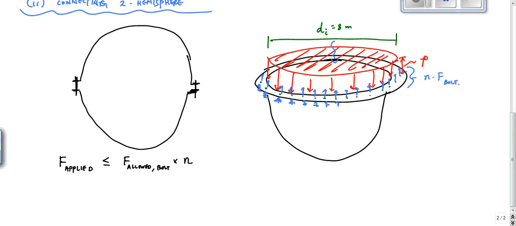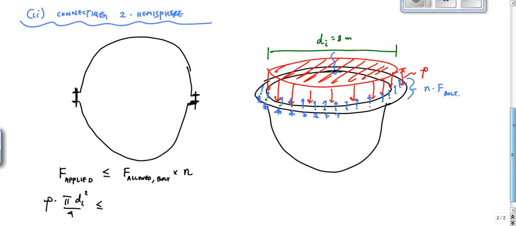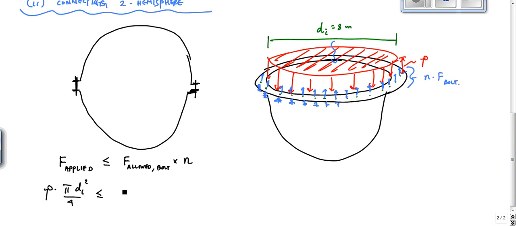The force applied is the pressure times the area, so that's P times pi d_i squared over 4, less than or equal to the force allowed in a bolt. The force allowed in a bolt is the allowable normal stress in a bolt times the area of a bolt, times the number of bolts.